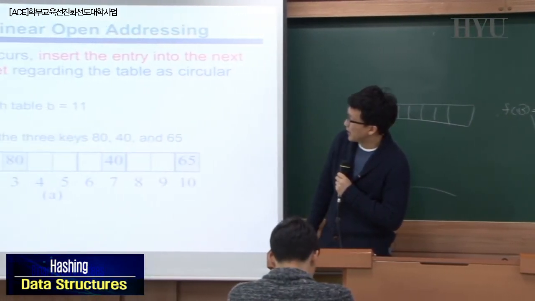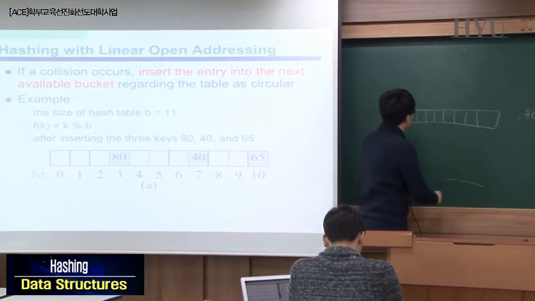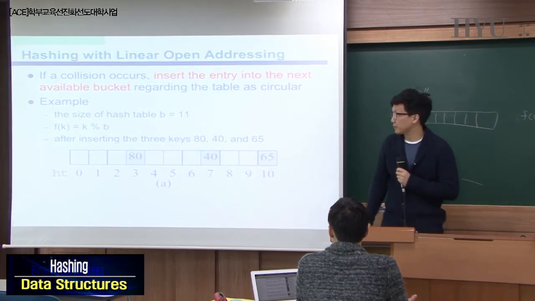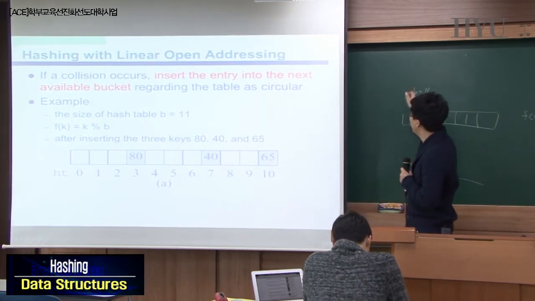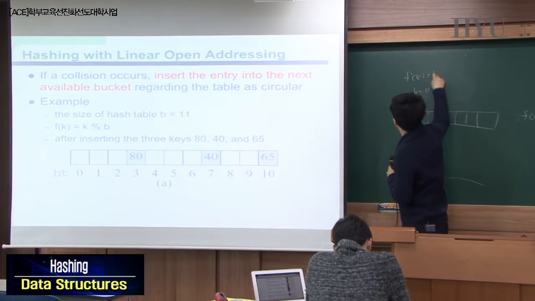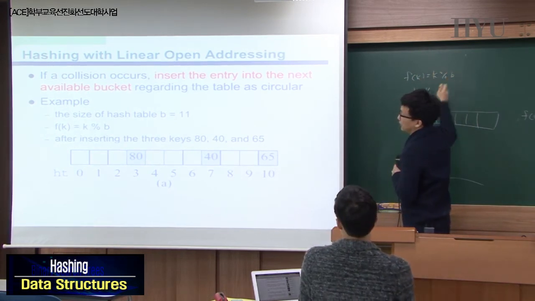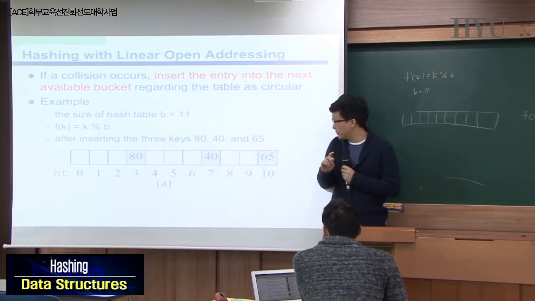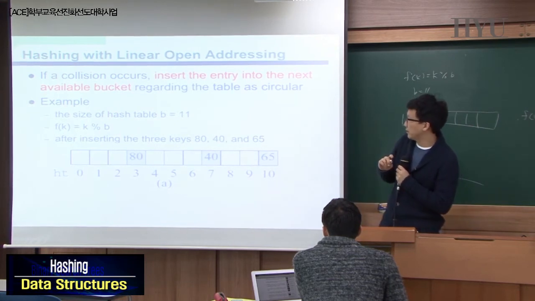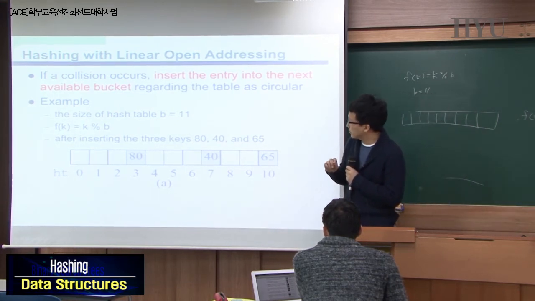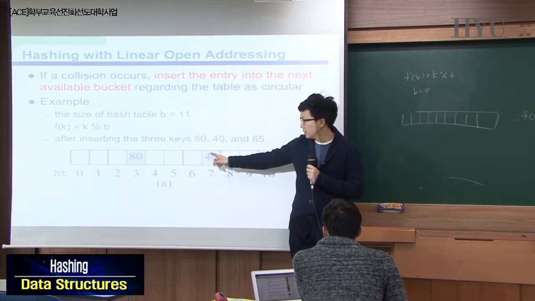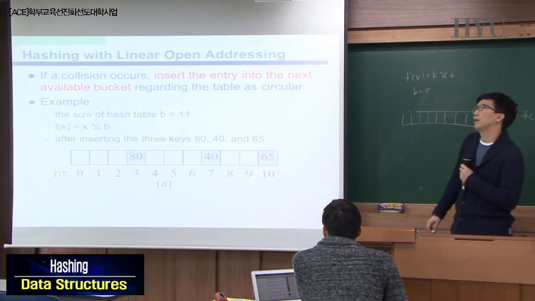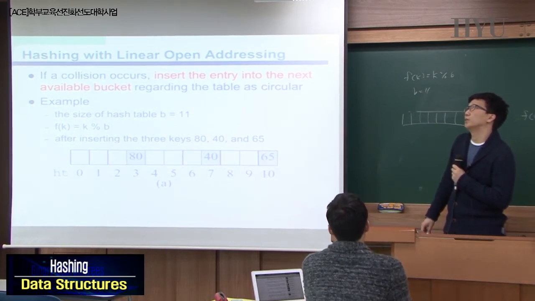Let's see. Example: the size of the hash table B is 11. Assume this is 11, I don't want to draw more. F of k is my hash function, k mod B. After inserting the three keys, 80, 40, 65. 80 mod 11 is 3, 40 is 7, and 65 is 10.